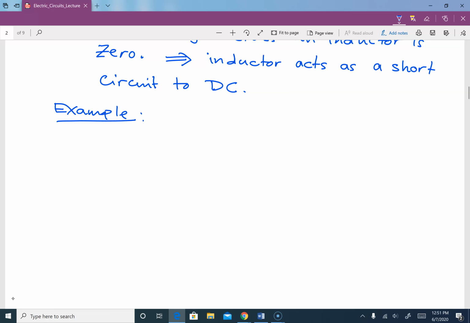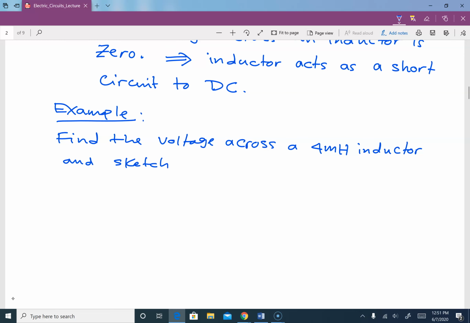Over here we need to find the voltage across a 4 millihenry inductor, and we need to sketch that voltage, if its current waveform is as shown here.